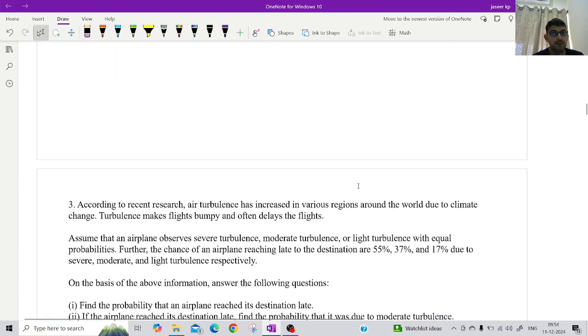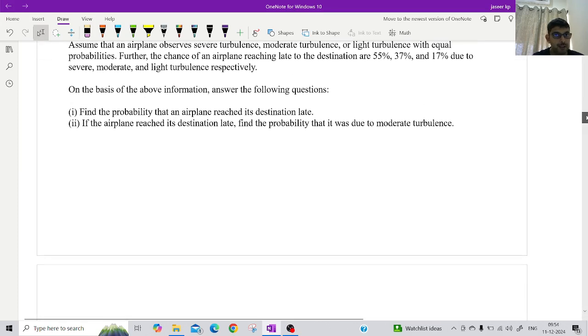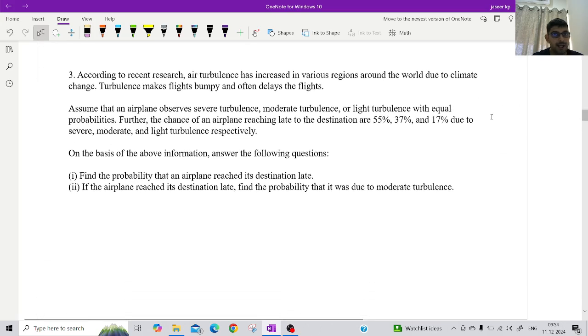Okay, now to the third problem. This is a case-based question from the 2024 CBSE paper. According to recent research, air turbulence has increased in various regions around the world due to climate change. Turbulence makes flights bumpy and often delays them.